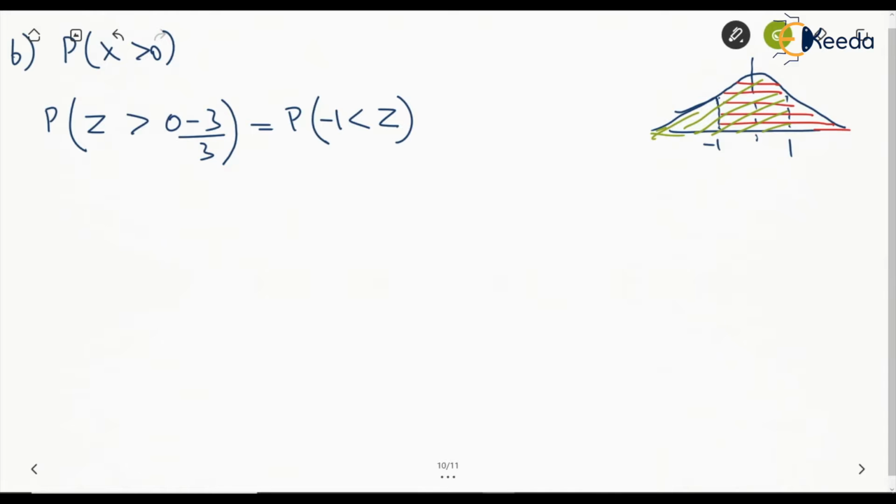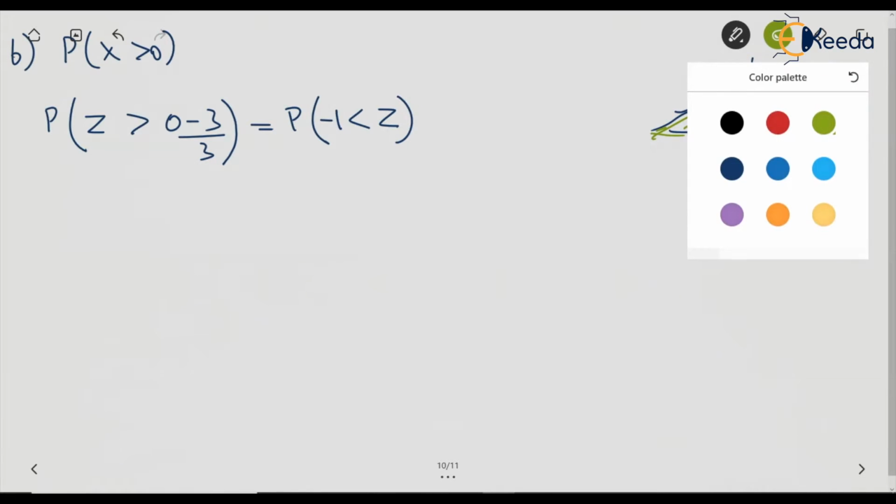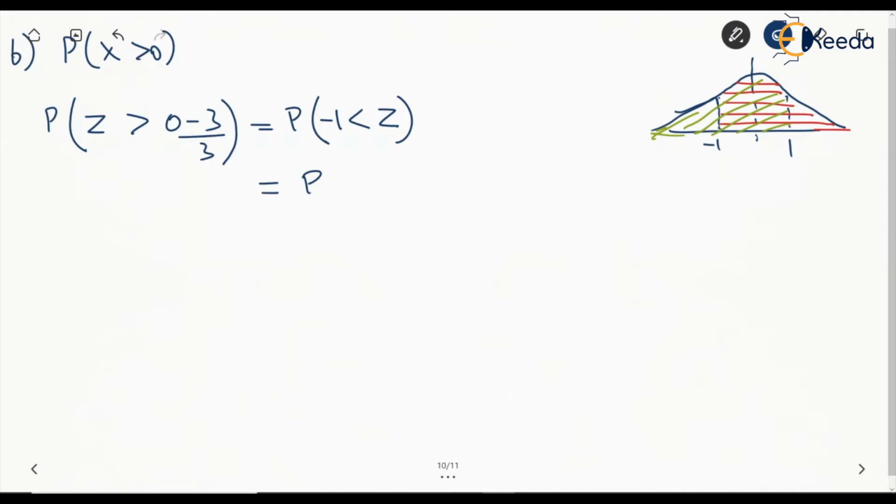So this directly becomes z less than or equal to 1, or directly you can say this will be phi of 1, which is 0.8413, right?